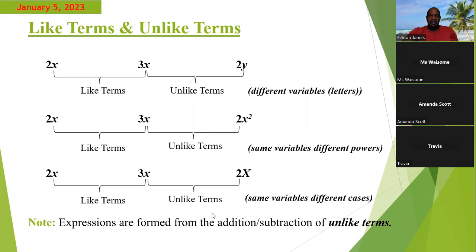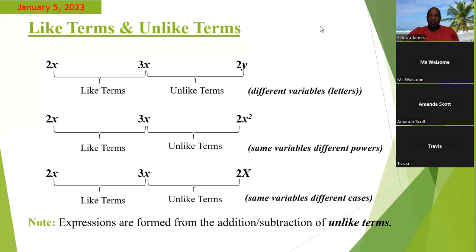All right. Now, expressions are formed from the addition and subtraction of unlike terms. What do we say forms from addition and subtraction of unlike terms? Expressions, sir. Expressions. All right, so in other words, we combine expressions when we are adding terms that are unlike.